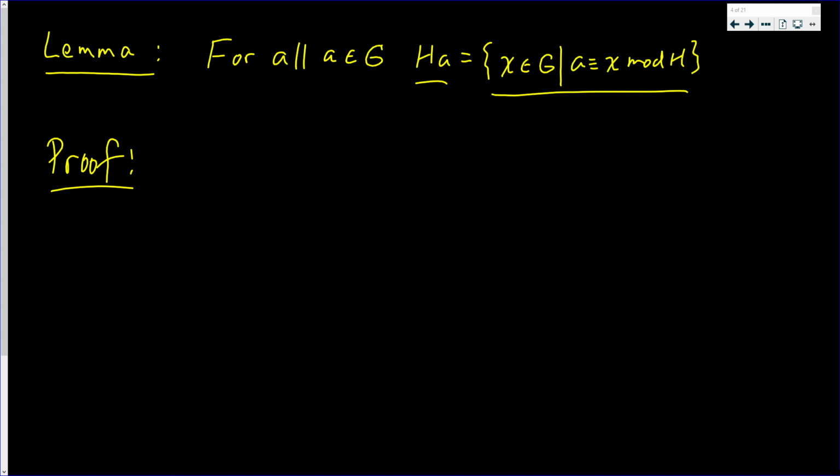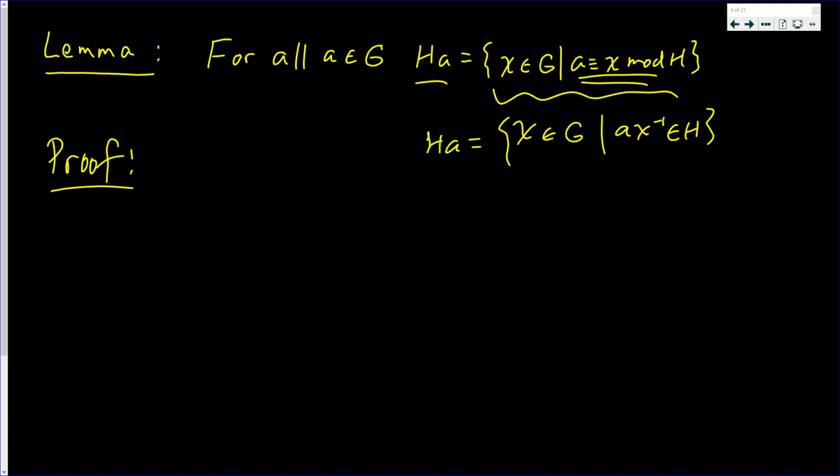Okay, so a couple of things. This set right here is the same as the set of all x's in G such that, well, the definition of this means that ax inverse is in H. So basically we want to show that H sub a, Ha, equals that set.